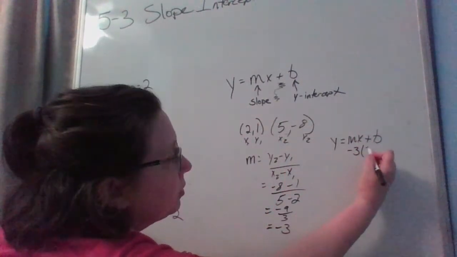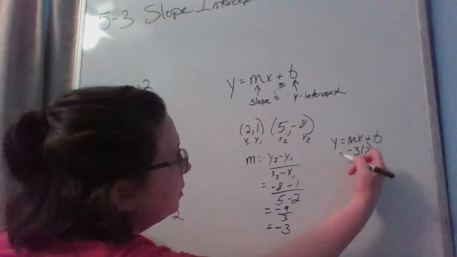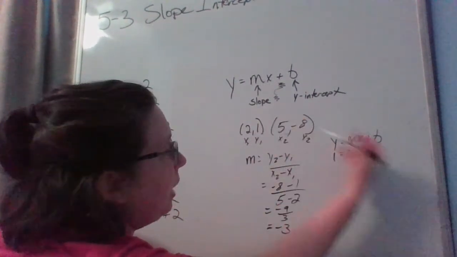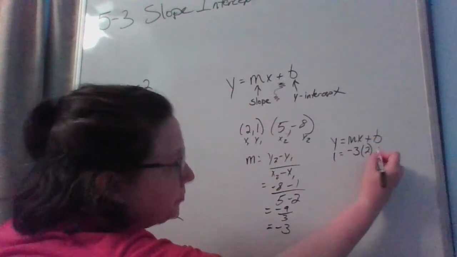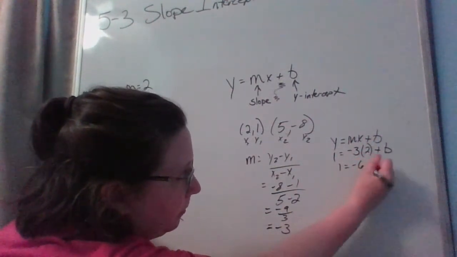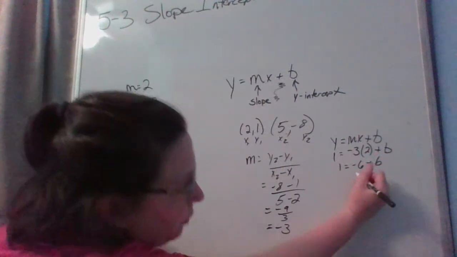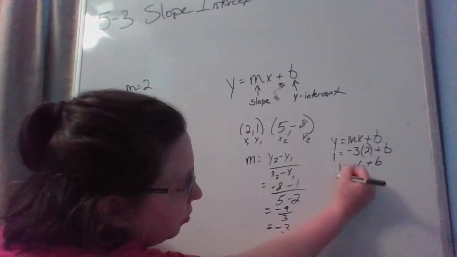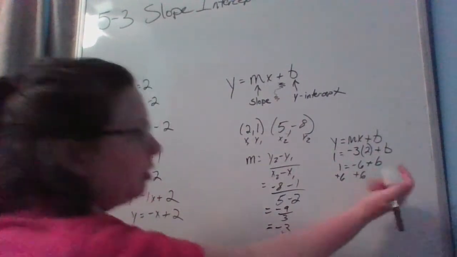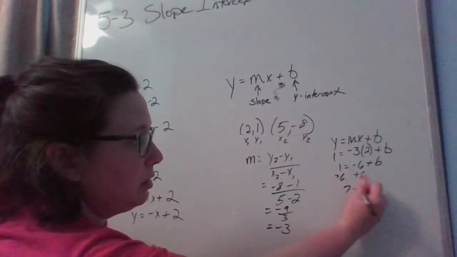I'm going to put 2 in for my x, 1 in for my y. Make sure you're putting the first number in for x, the second for y. And then if you do a little bit of math here, solving a one-step equation, we get 7 is b.